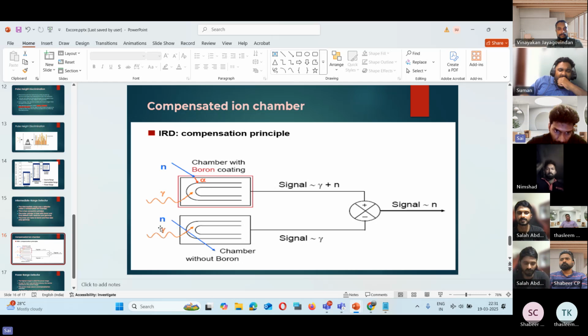And in the lower one, you can see the neutrons are not detected, only the gammas are detected, because it has no boron inside it. So the upper cylinder detects both gamma and neutron, and the lower cylinder detects only gamma. We subtract these gammas, leaving only the neutrons. So that's how we exclude the gamma, leaving only the neutrons.